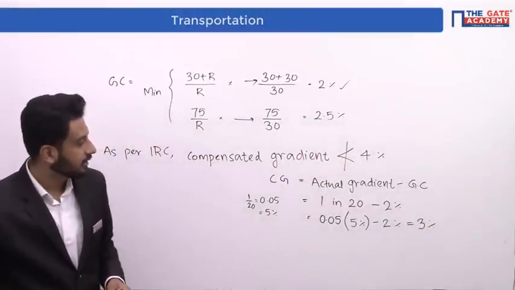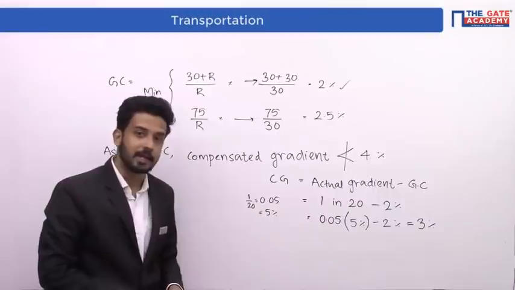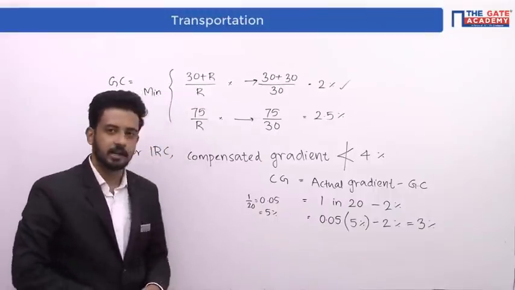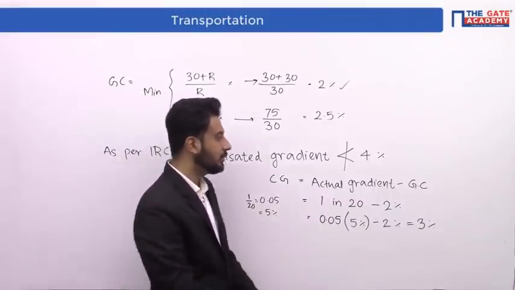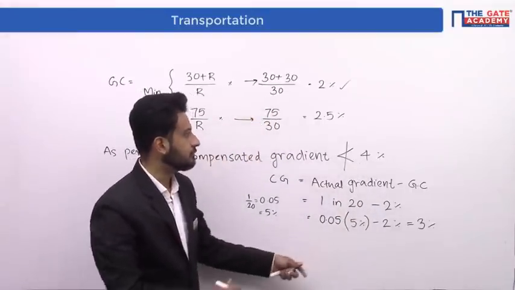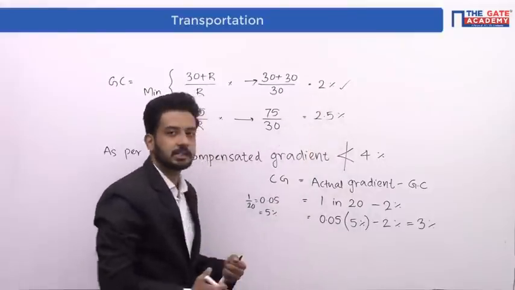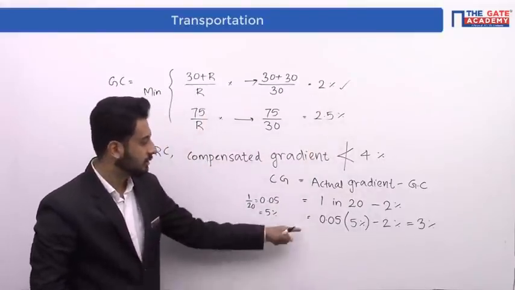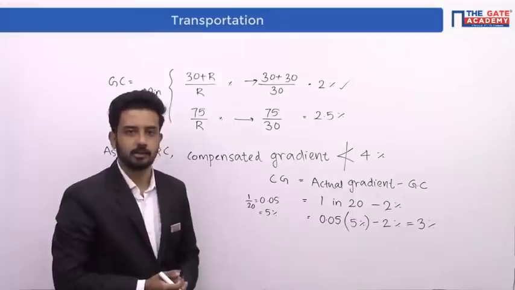3%. So check whether we are obeying the rule given by IRC. What is the rule? It should not be less than 4%. But if we are applying a grade compensation of 2%, we are not obeying. Correct?